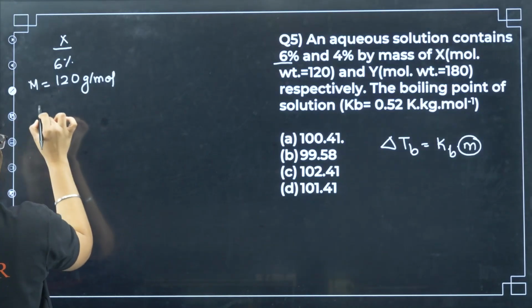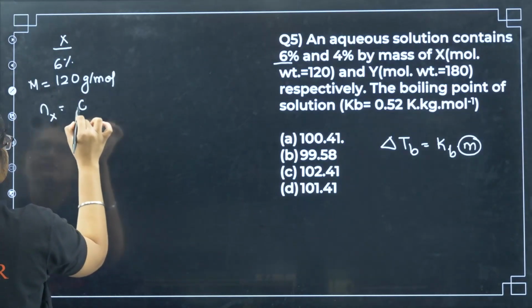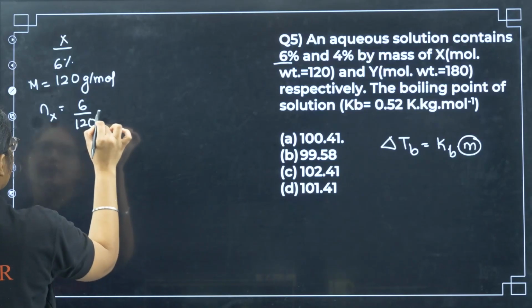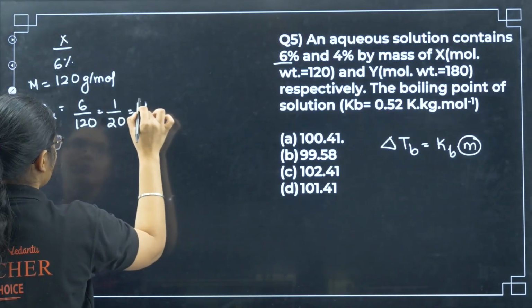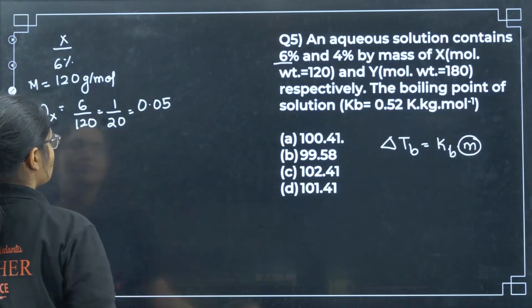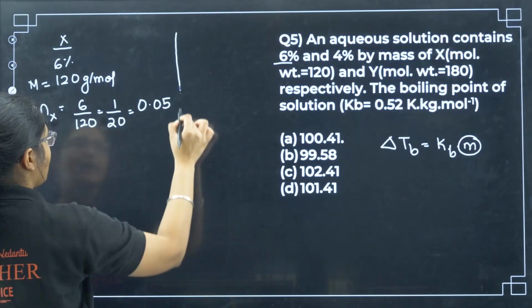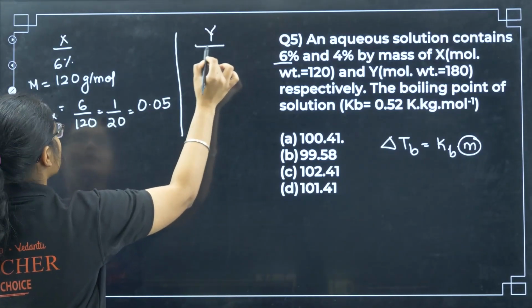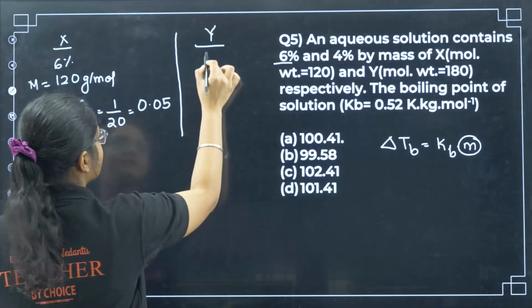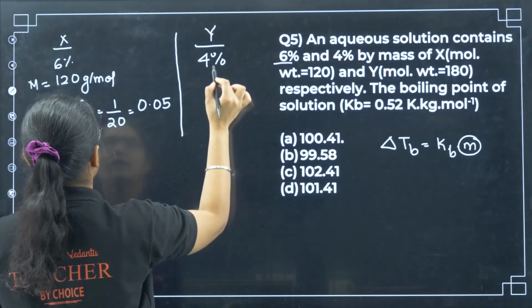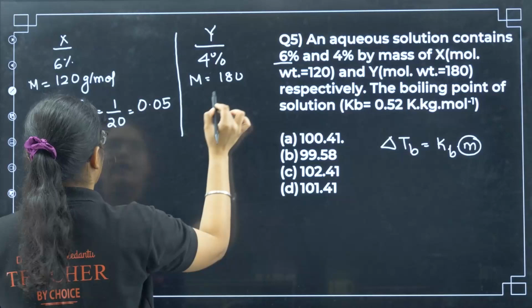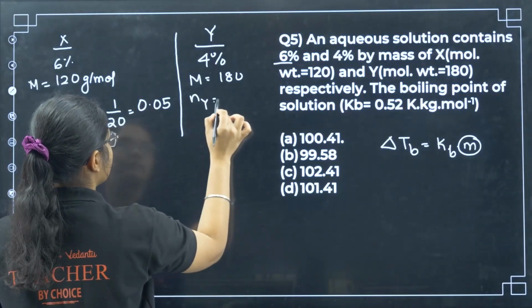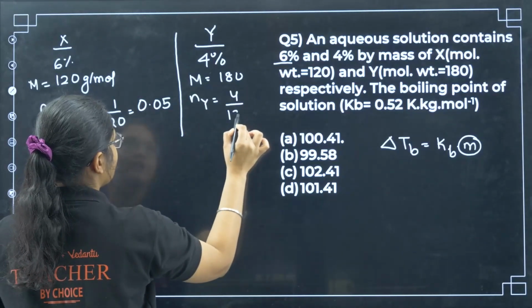So the number of moles of X is 6 by 120, that is 1 by 20, or I can say 0.05. Similarly, Y is 4%, and the molar mass of Y is 180, and the number of moles of Y will be 4 by 180.